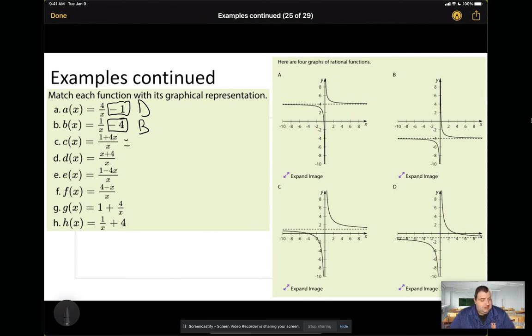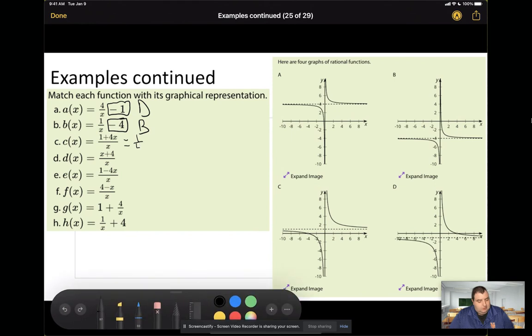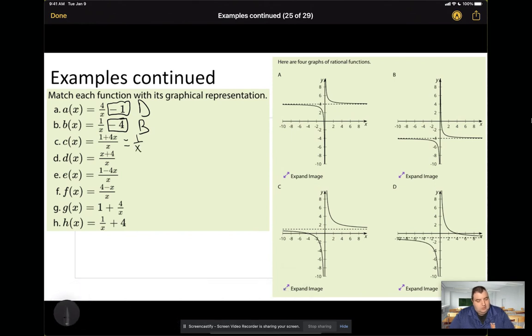Okay. C, notice the fraction is not separated out, so I'm going to separate it out first. When I do that, I end up with 1 over x plus 4x over x. So all I do is separate this out here. And if I simplify this even more, this is going to be 1 over x.